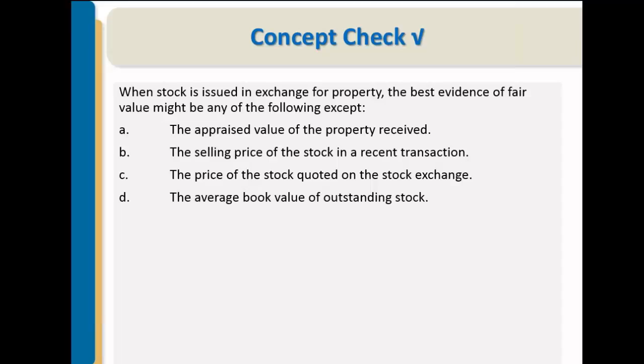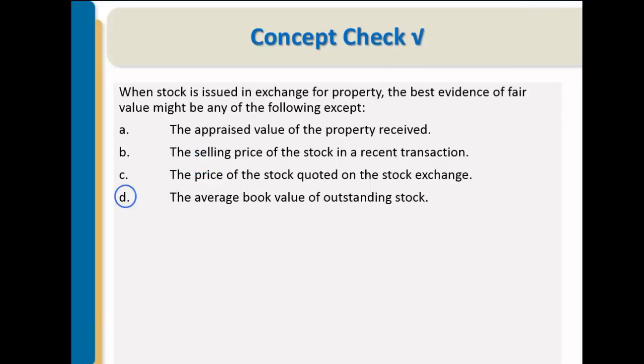So anyone want to take a gander at what the answer is? I've got a couple of D's. I'm leaning towards D. I've got a B. Let's see here. Here it comes, and it goes to D.